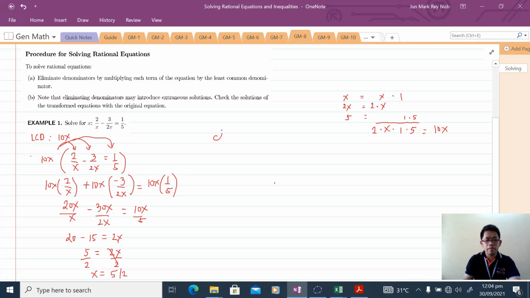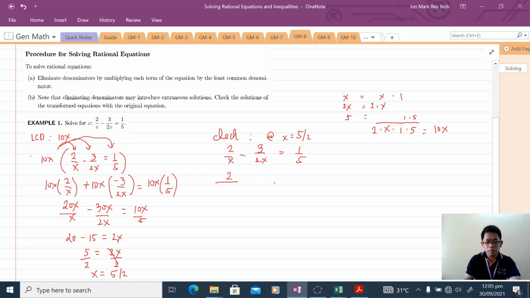Now, we are not done yet. We need to check if our answer is indeed an answer. So at x is equal to 5 over 2, just simply check if it will satisfy the equation given. So 2 over x minus 3 over 2x is equal to 1 over 5. For all x, we will replace it with 5 halves and see if the equation holds.